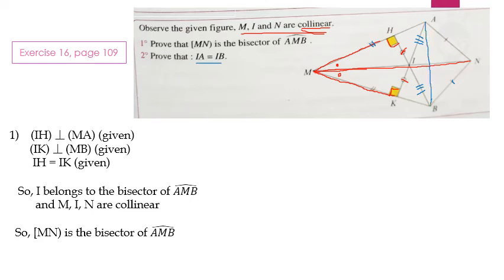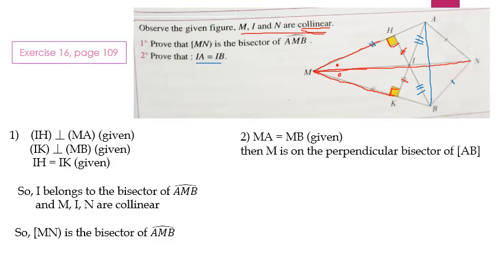This means that I is equidistant from A and B. Can we prove that it belongs to the perpendicular bisector? Here we have that MA equal to MB from the given. So M belongs to the perpendicular bisector of AB.